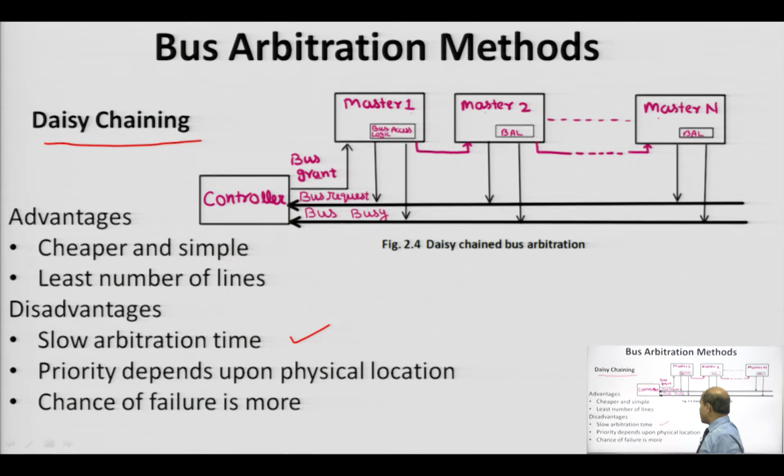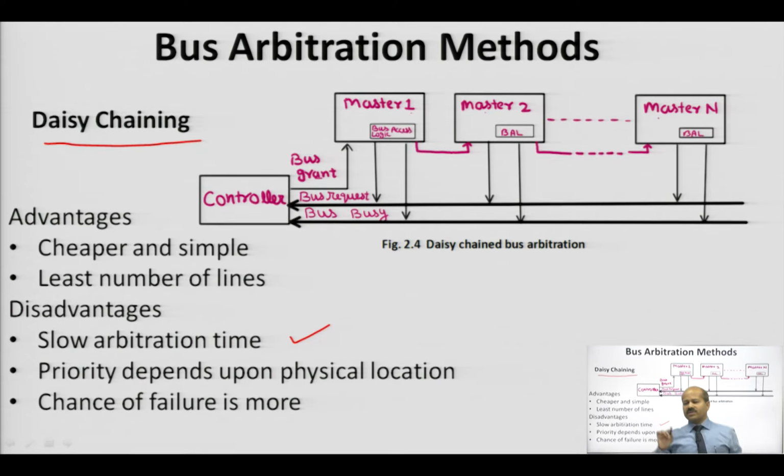And the second drawback is that priority depends upon physical location. If there are a large number of masters connected, the master located at the last location will always get the bus last, because the controller issues the bus grant signal to the first master only, and only if intermediate masters are not requesting the bus will the signal be propagated.